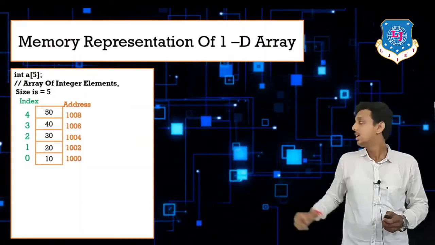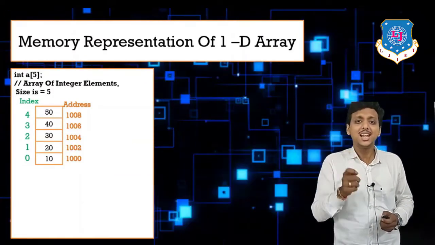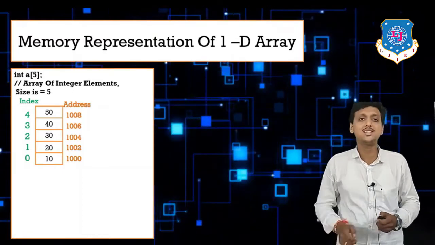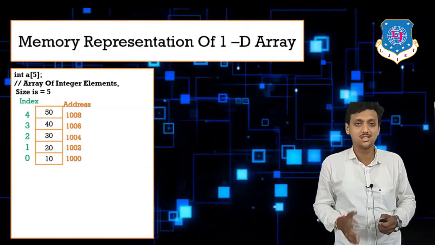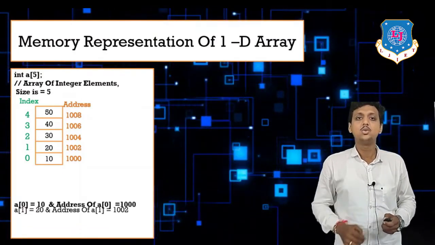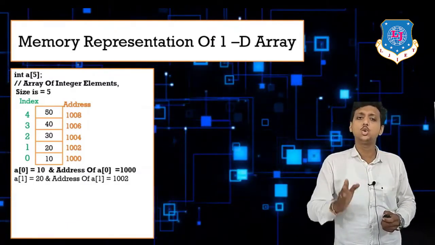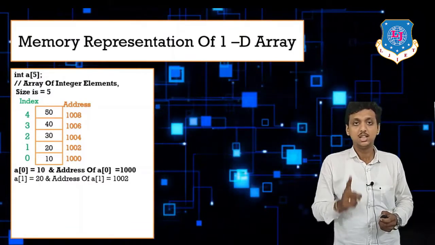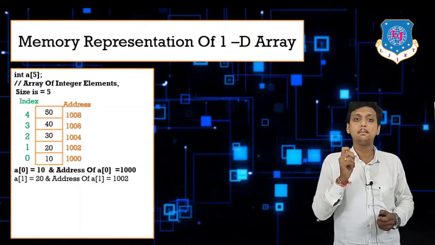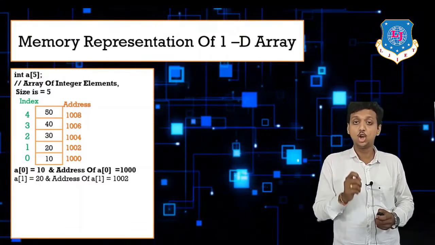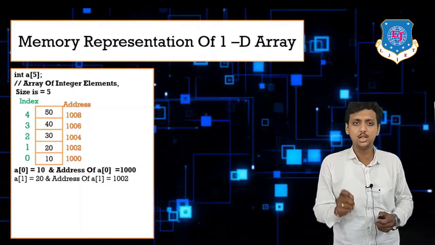In green color you can see the array indices, and in brown color you can see the array addresses. Now, students, a[0] is the first element, which is also known as the base element, because the array starts from a[0].